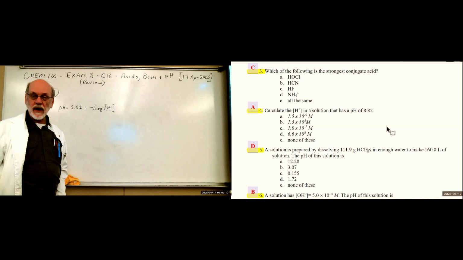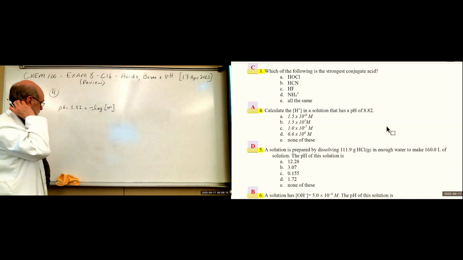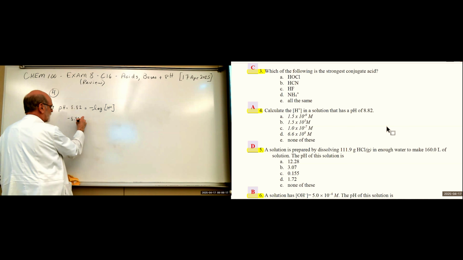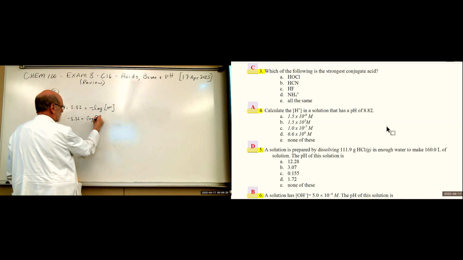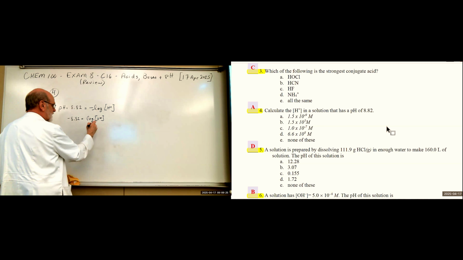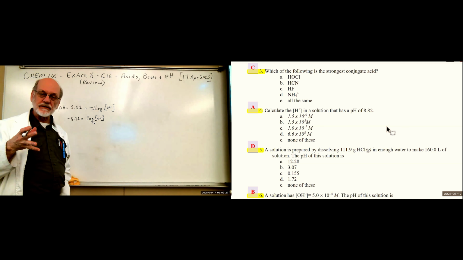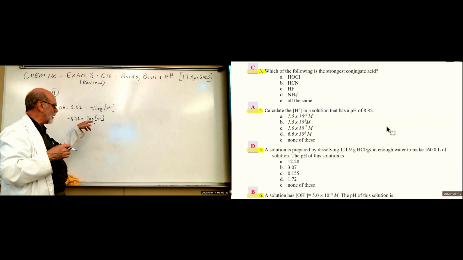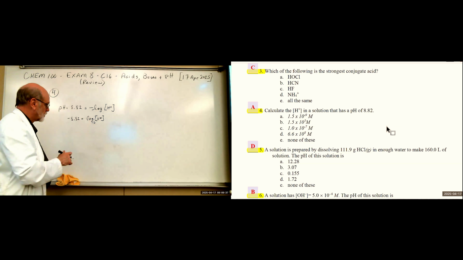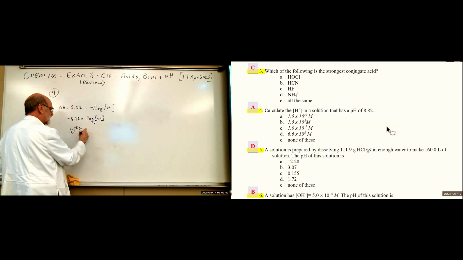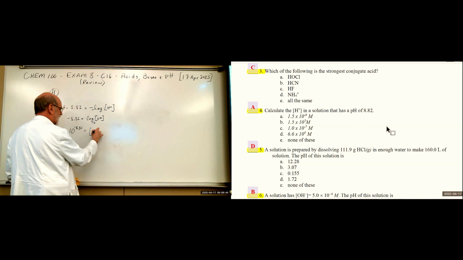Okay, so we know how to do the antilog of the negative. All right, we move this negative over here. Okay, and then we say, what's the definition of a log? This value is the power of 10 that will give you that value, which means that 10 to the minus 8.82 equals the hydrogen ion concentration.